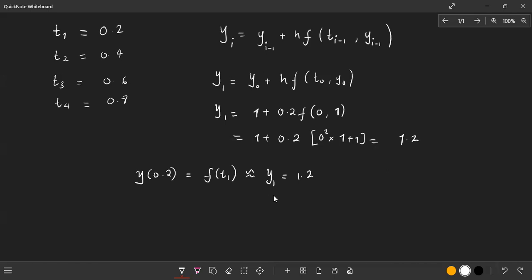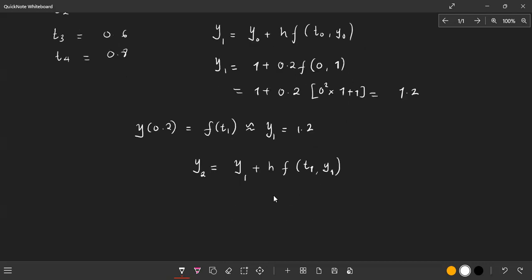Now we move to the next step. We move now to t2, until we reach t4, which is 0.8. So t2 will correspond to y2 as well. So y2 will be equal to, now we're going to use the previous value, y1 plus h times f of t1, y1. So we substitute the values.